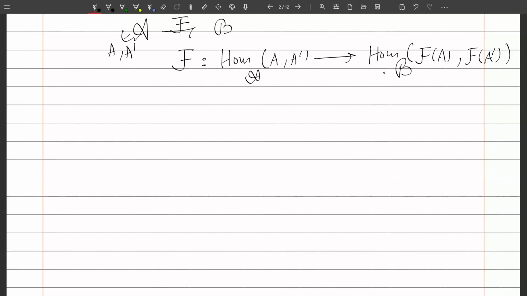Now one may be wondering, what is the difference between a faithful and an embedding functor? The conclusion here is that every embedding is a faithful functor, but not conversely.